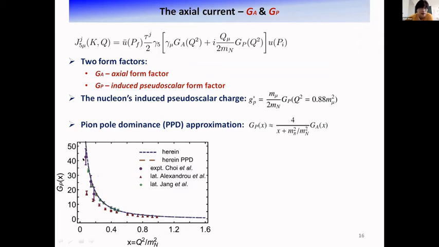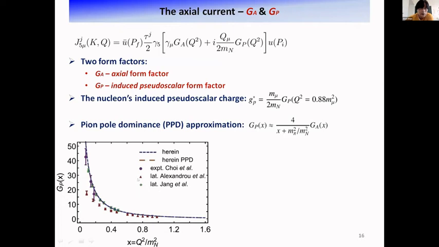And in this panel, these three purple circles are the experimental results. As I said before, for GP, up to now people only have 4 experimental results: these 3 dots plus this GP star. We can see our results are also in good agreement with the experimental results. And I also give you the lattice results.